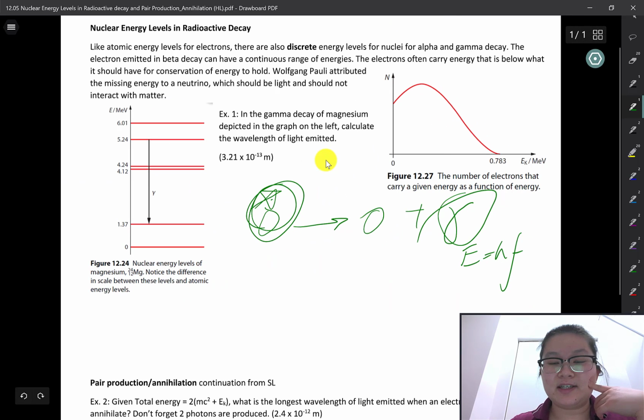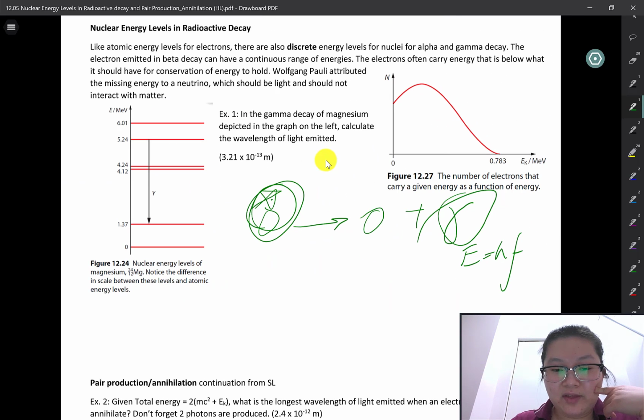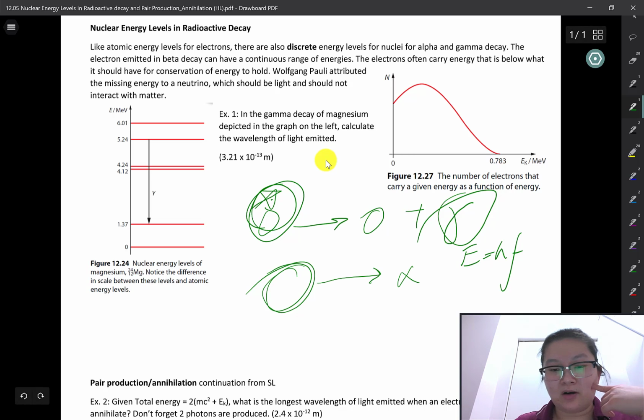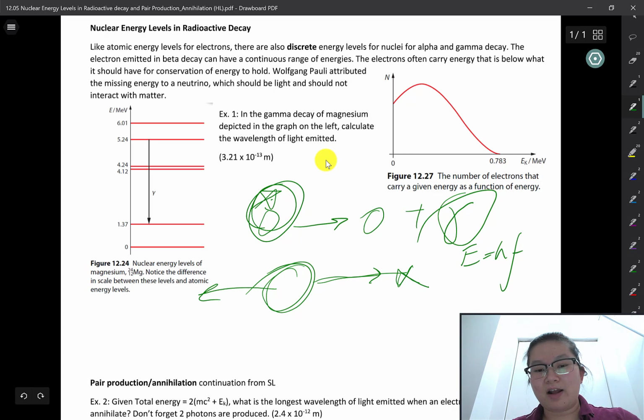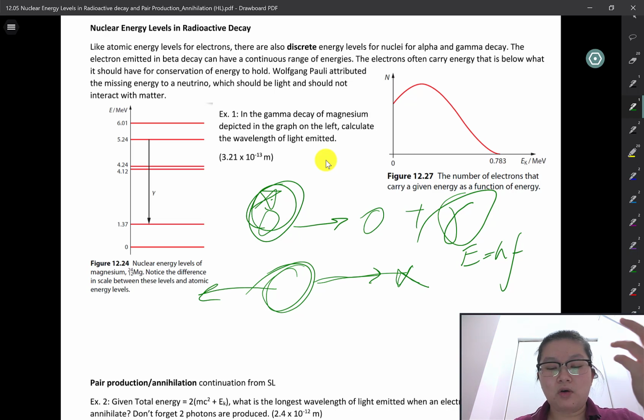So that's for gamma decay. For an alpha decay, on the other hand, we know that we have a parent nucleus, and through the alpha decay, it ejects an alpha particle, and that's the only thing it ejects, which means that after this alpha particle leaves, the remaining particle is going to move in the other direction, in which the total momentum is going to be the same, assuming that there are no other external forces acting on our system.